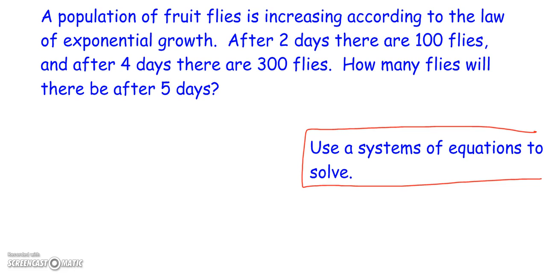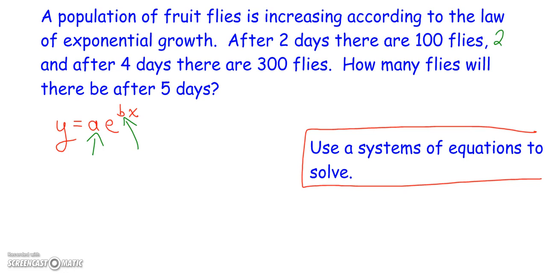So they've told you that these fruit flies are growing in terms of exponential growth. So we know y equals ae to the bx is the format for these problems. What we don't know is the value of a and the value of b. What they have instead said, after 2 days there are 100 flies.